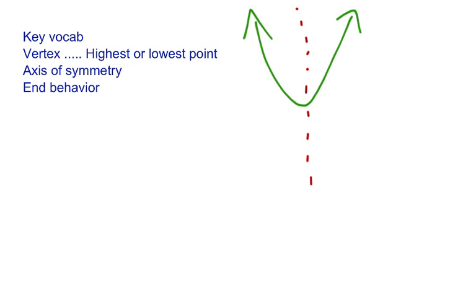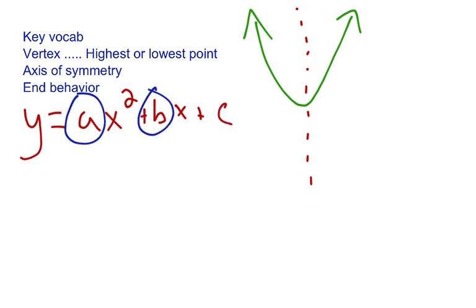Now the vertex, how do we find the vertex? We talked about y equals ax squared plus bx plus c, and the b and the a values are used. So negative b over 2a is how you get the x value.